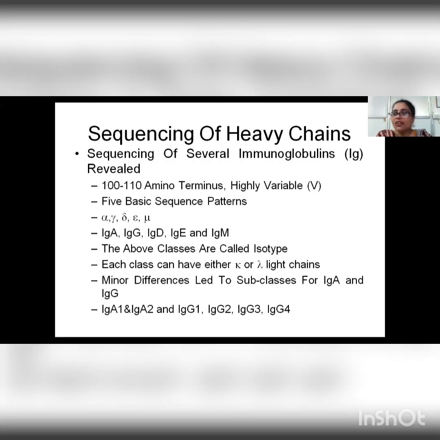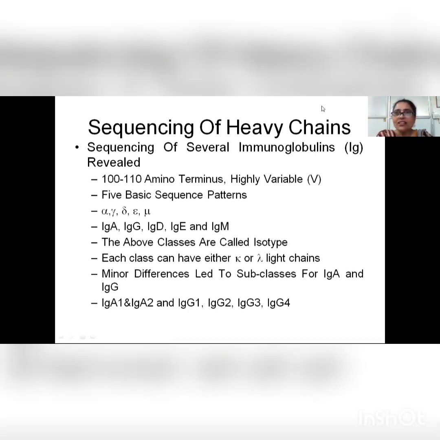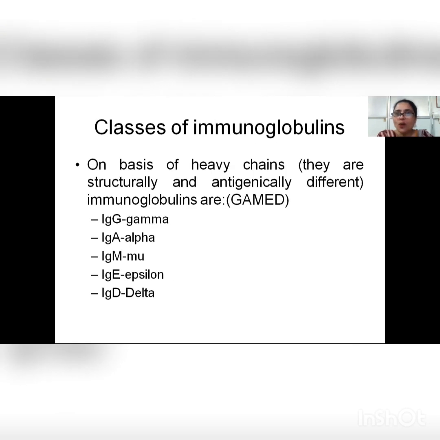All the light chains will not have kappa and lambda together. So either kappa will be present or lambda will be present. That should be clear to you. Minor differences in IgA and IgG have classified them into IgA1, IgA2, while IgG is classified into IgG1, 2, 3, 4. So these are the ones which have been classified.